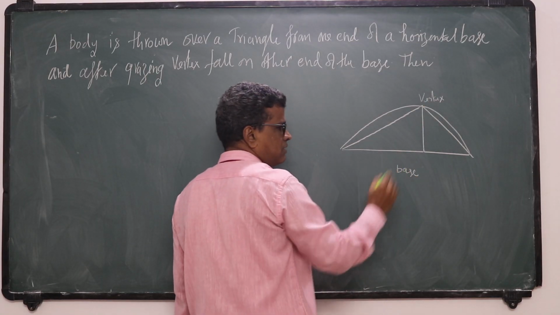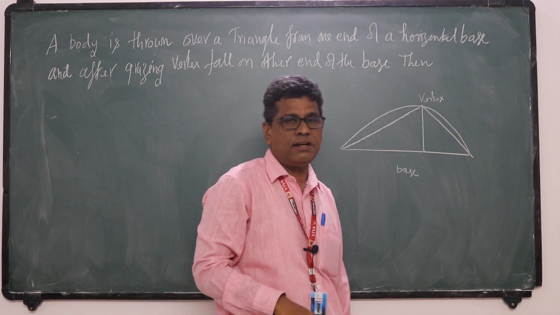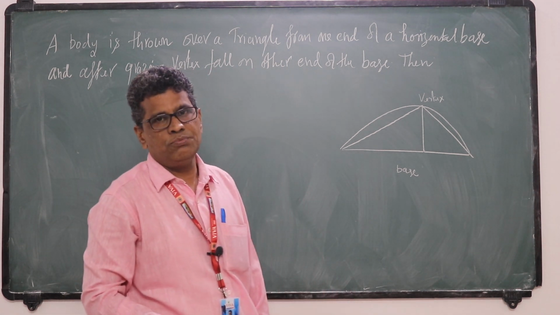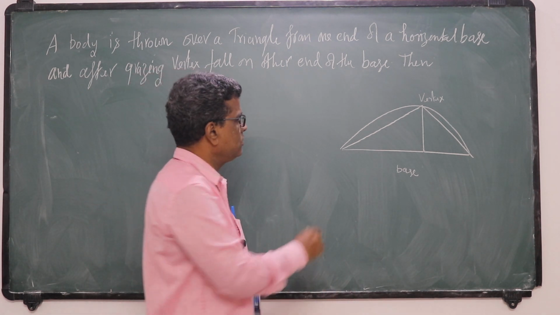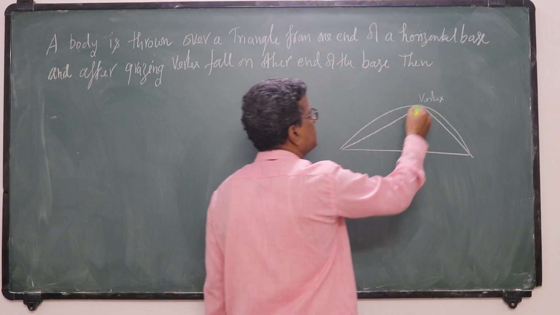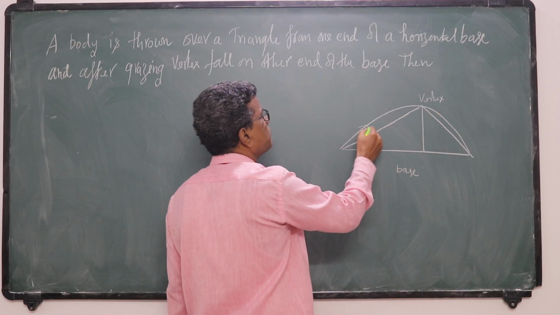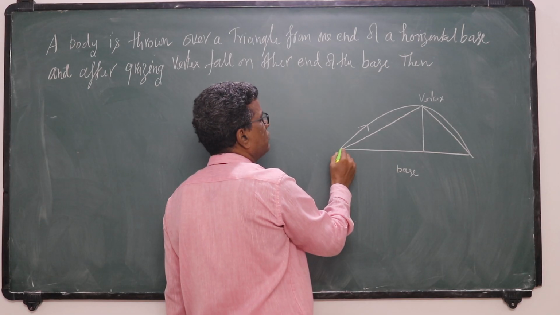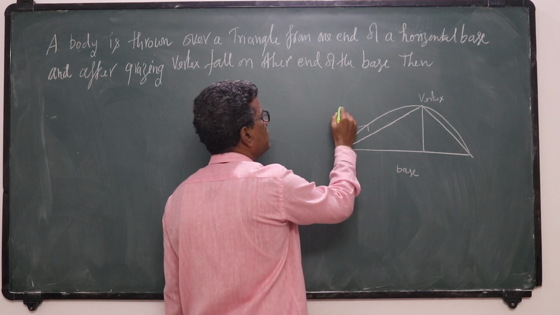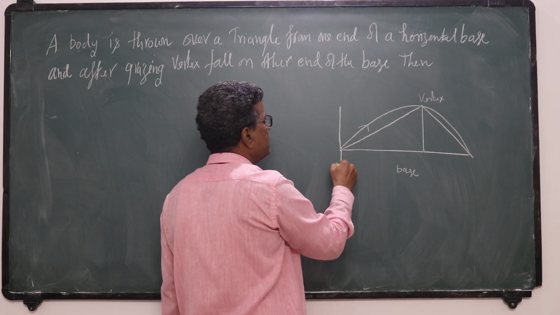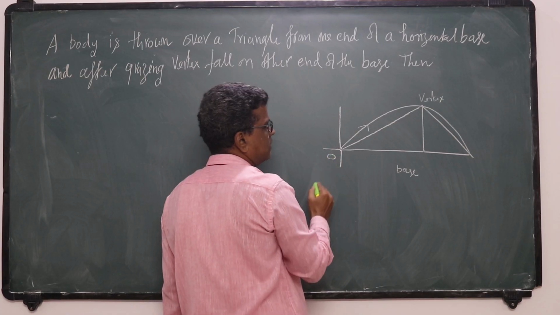I assumed that the triangle is a two-dimensional figure, so I will assume it is in a vertical plane. This is the horizontal and this is the vertical. So a body is projected from one end of the base, which I take as the point of projection.